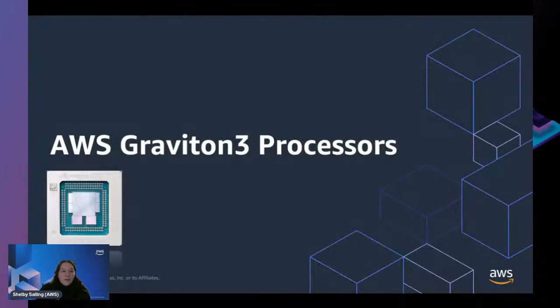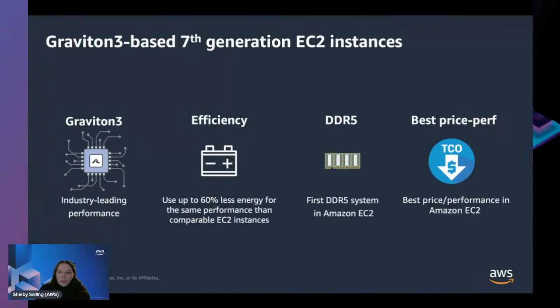A couple highlights of our most recent processors. Like I said, Graviton 3 was released a few years ago. The Graviton 2 processors were designed to push the price performance for a broad range of workloads for our customers. We have thousands of customers who have realized significant price performance with Graviton 2, but the latest generation of Graviton 3, like I mentioned earlier, builds off of the progress we made with Graviton 2.